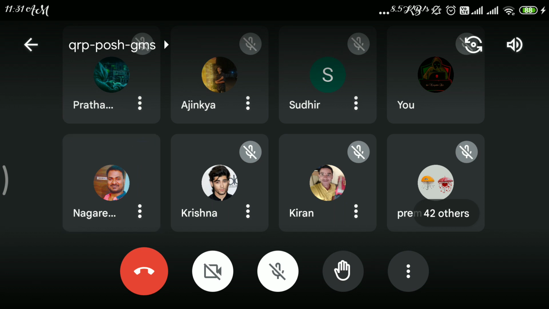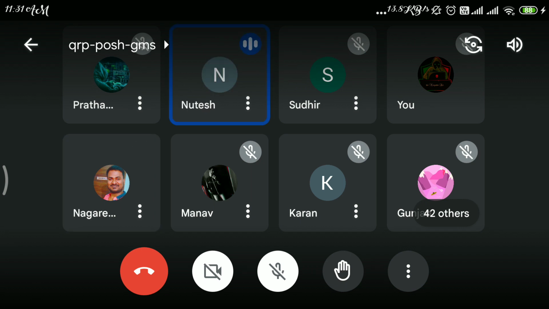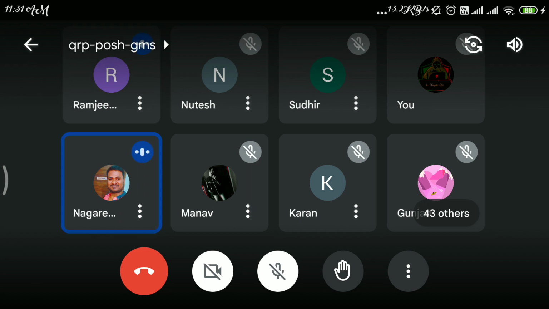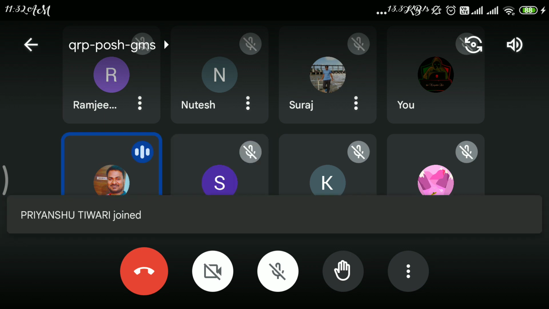Shukla Vedant. 34, present, sir. 35, present, sir. 36, present, sir. 37. 38, present, sir. 39, present, sir. 40, present, sir. 41, present, sir. 42.